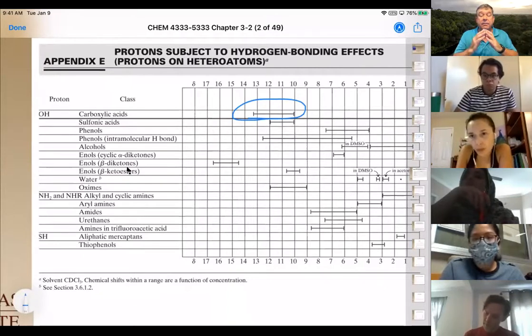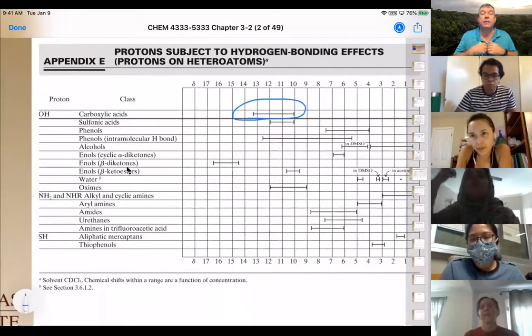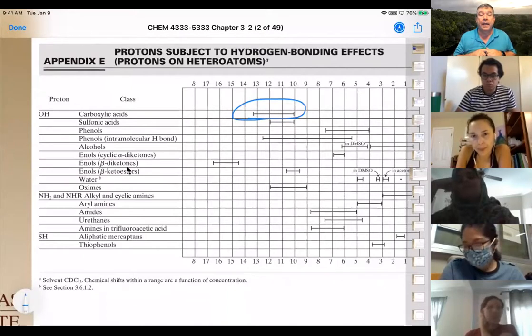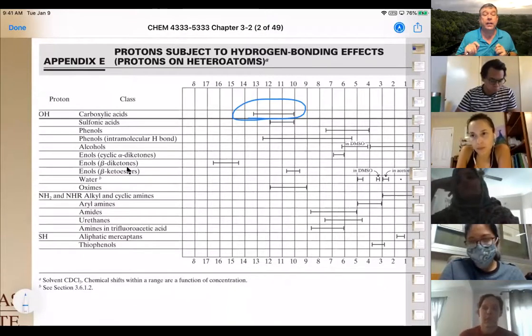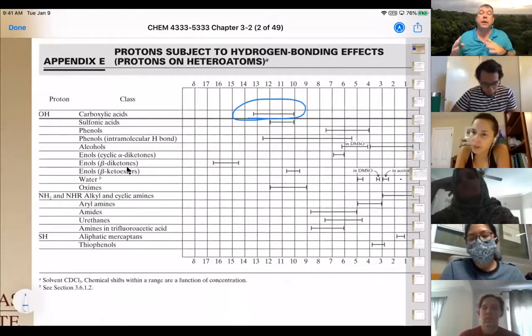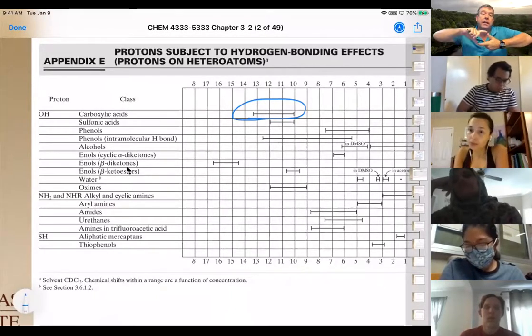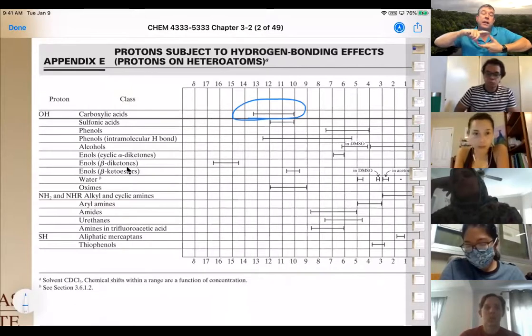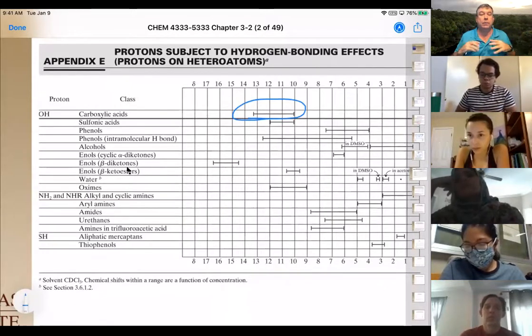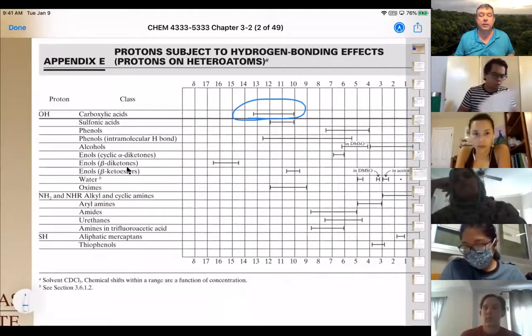And they tend to be fairly broad and small because they do a lot of hydrogen bonding. Concentration will move that up and down because they tend to dimerize in solution to make an 8-membered ring. And when you get that carboxylic acid dimerization, it broadens the peak out and shifts it.